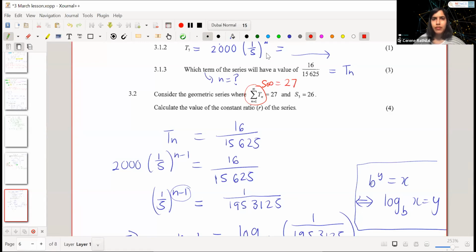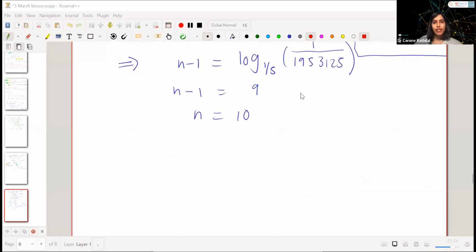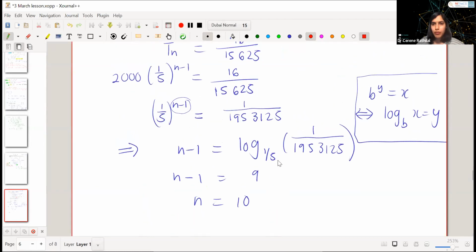Do you agree? Based on your studies of geometric sequences, when you've got the sum of the terms from 1 to infinity, that is your S infinity. Good, geometric series. So we've got S infinity, the sum of all terms, is 27, and S3 is 26. So let's write that down. Okay, so I've got sum to infinity is 27, and S3, did I copy that correctly?